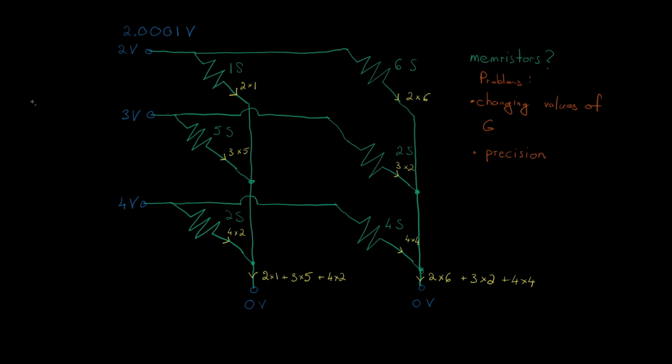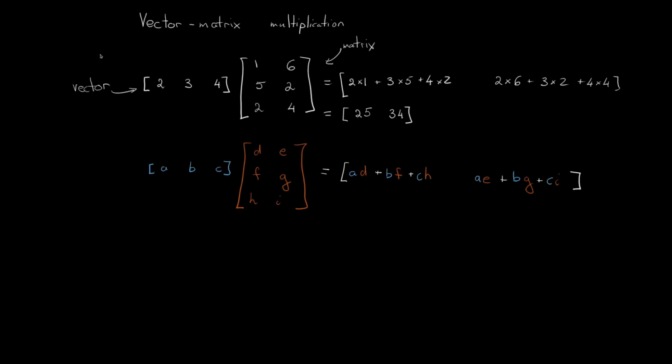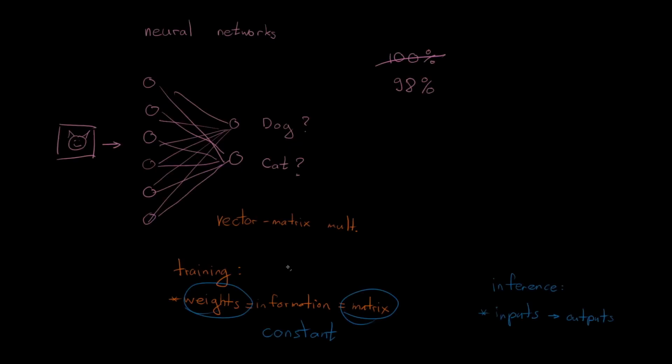So what is going to change? Well, the vector here that we have, let's say like here on the left, is going to change. And the vector is going to represent the images. Okay, so images are encoded into vectors.